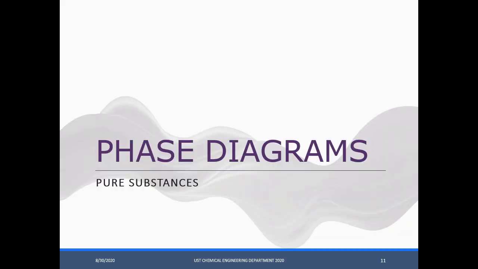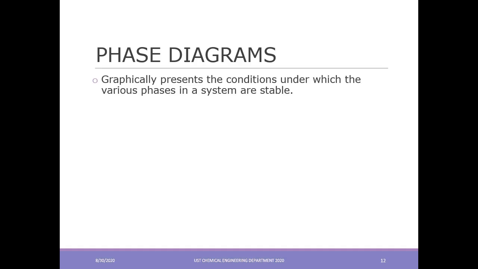Next, we move on to phase diagrams of pure substances. Phase diagrams are graphical representations of the conditions under which the different phases in a system are stable. It is composed of areas, lines, and points that correspond to the phases that exist in equilibrium under specific conditions.